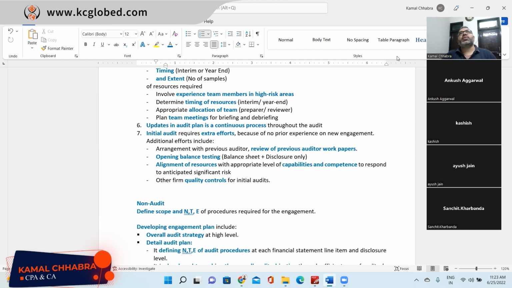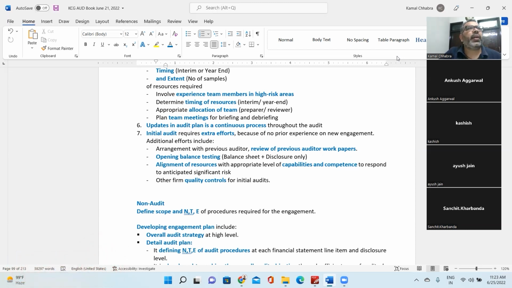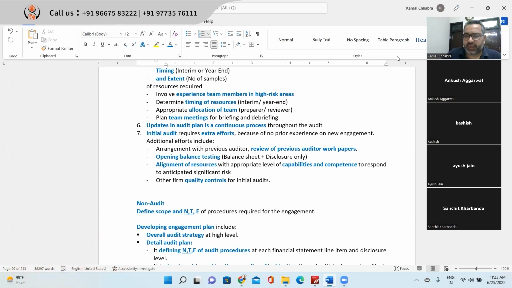Let's say in the previous year, A and B Associates CPA firm audited a company called, let's say, Trimble. They conducted the audit of Trimble, and now Trimble is going big. They are now a unicorn, and they are going for fundraising. To go for fundraising, they require a good auditor stamp.